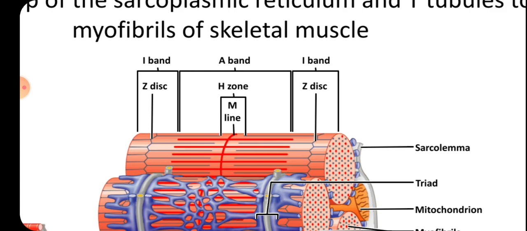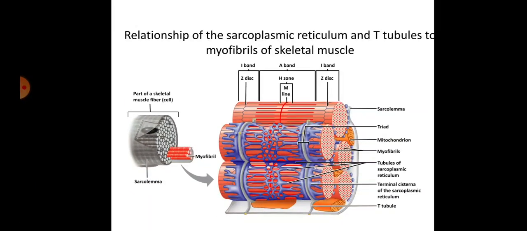Here you can see one I band alternating with an A band and then another I band. Within the A band, you can see the H zone, which contains the M line. In the next slide, I shall tell you about skeletal muscle contraction.